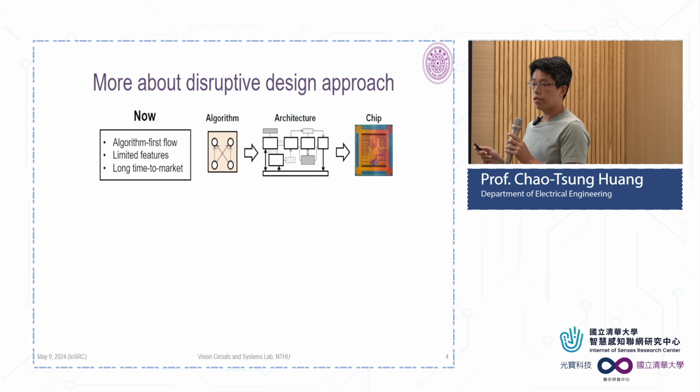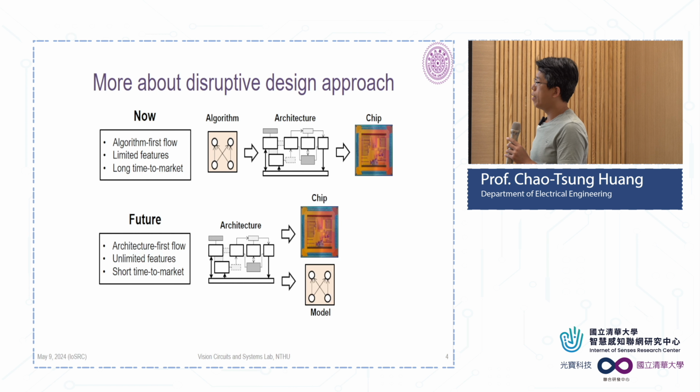But for CNN accelerators, we can have a new design approach. In this case, we can define the computing architecture first, and then we can let the algorithm team train any kind of models that they want after you define this architecture.